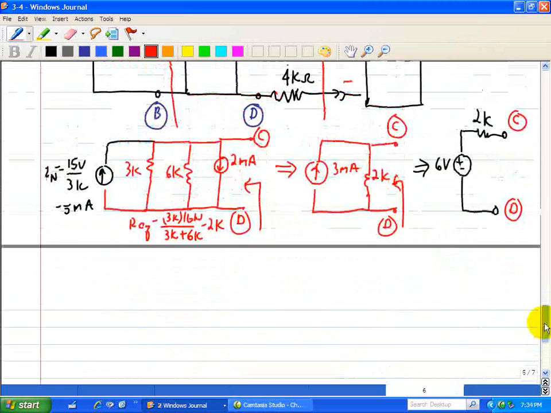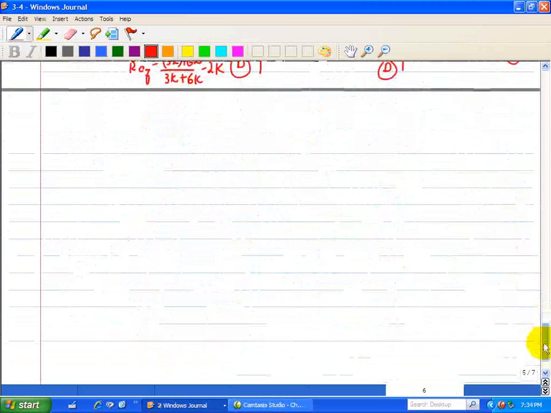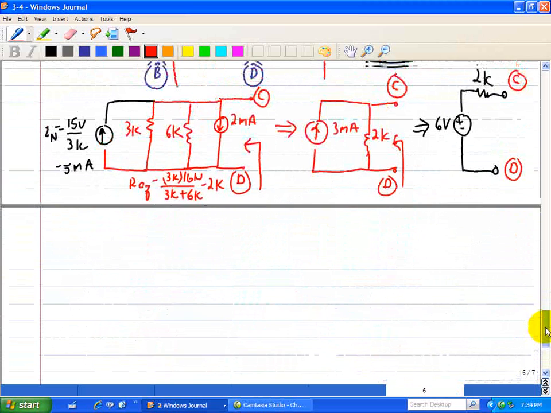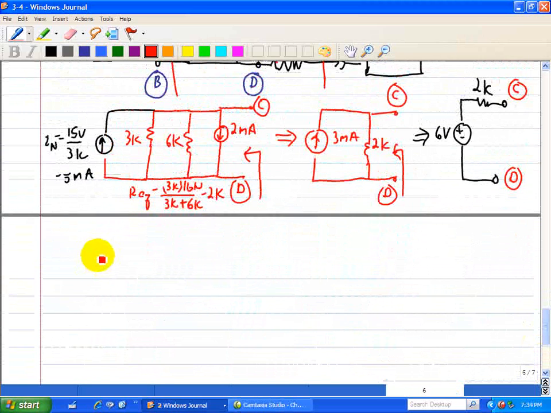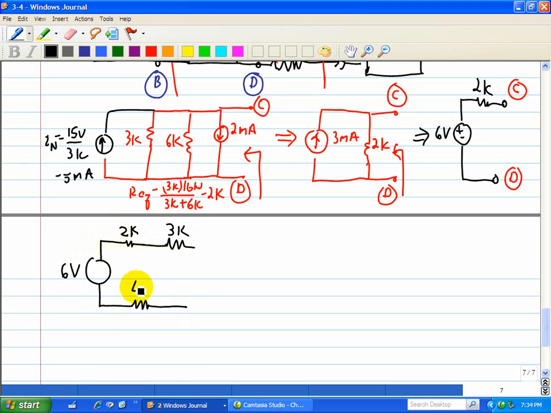So when we rewrite this, taking this 6 volts and 2K, that's now in series with the 3K and then the 4K at the bottom.